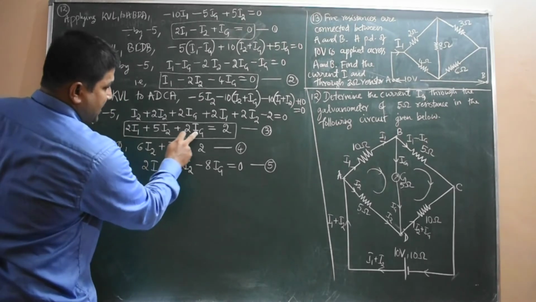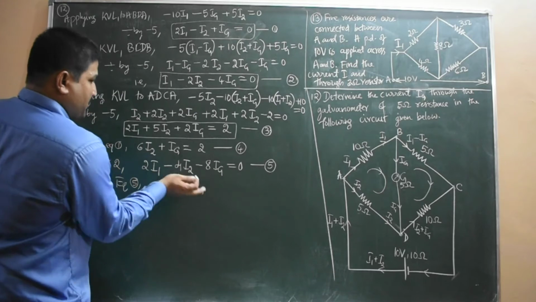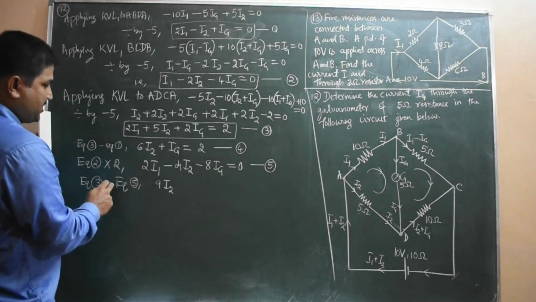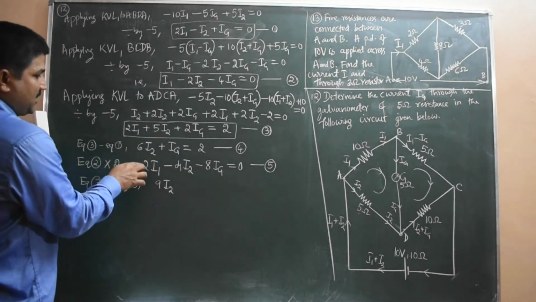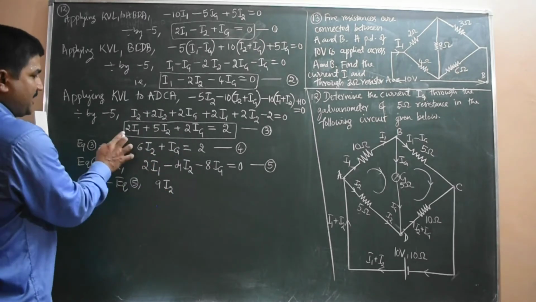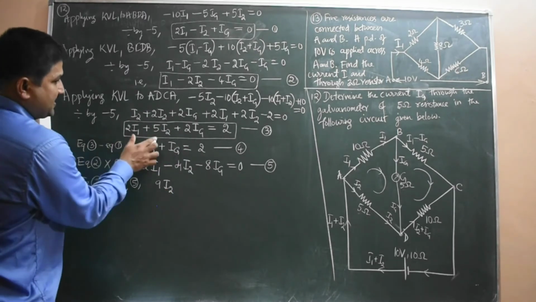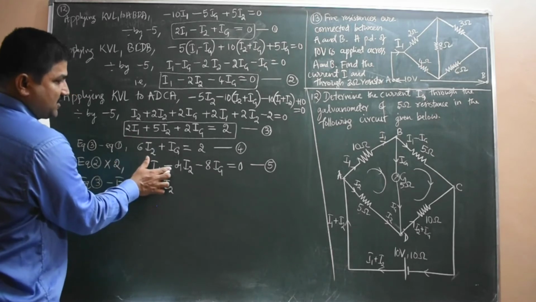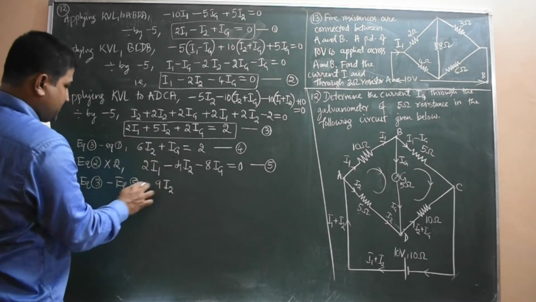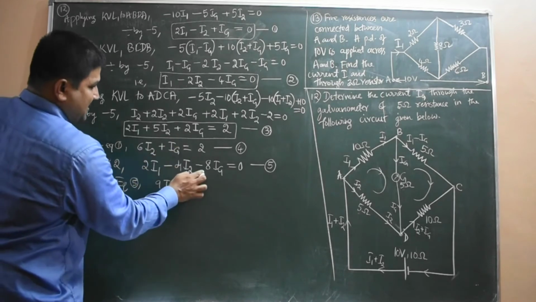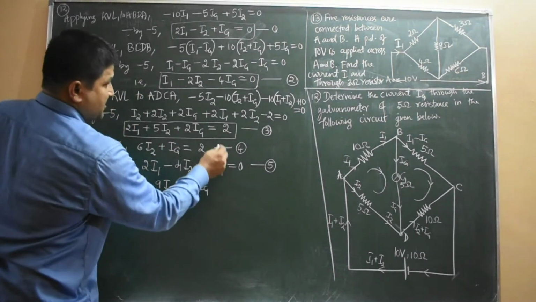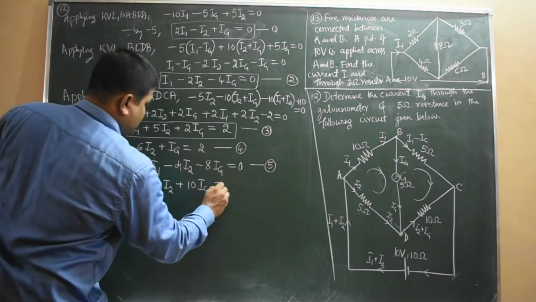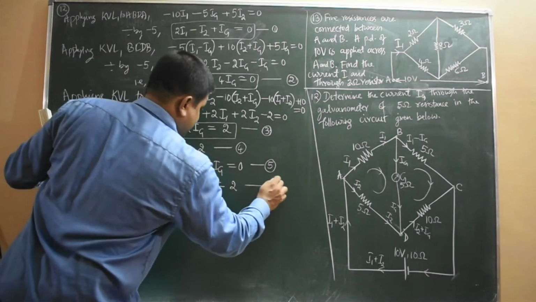Then 2Ig minus of minus 8Ig. Subtraction means the signs of equation 5 all become opposite, then add it up. So 5 plus 4 is 9I2, then 2Ig plus 8Ig, so 10Ig. Then 2 minus 0 is 2. This is equation number 6.